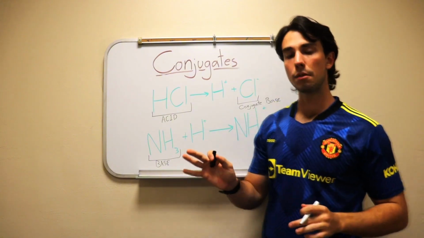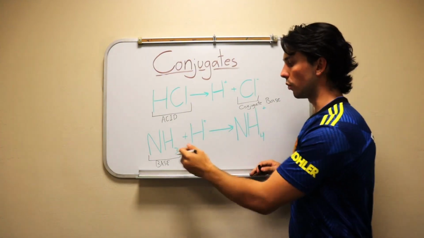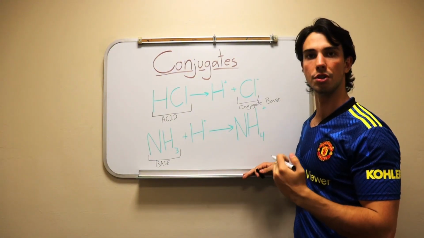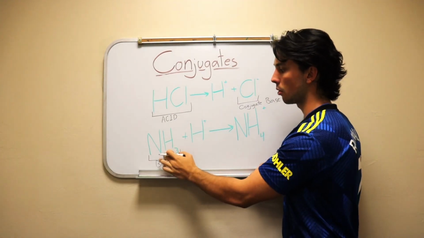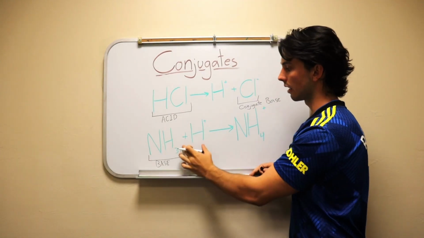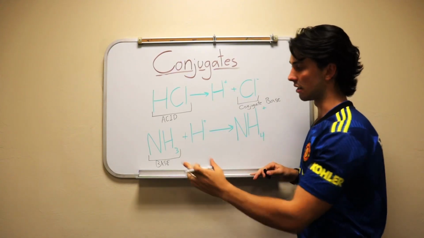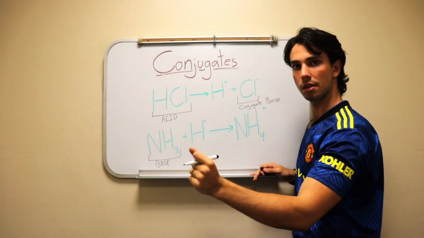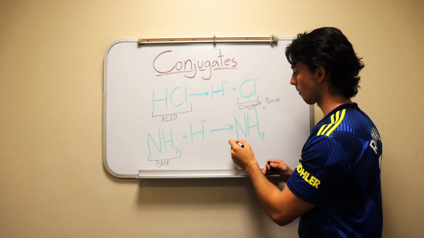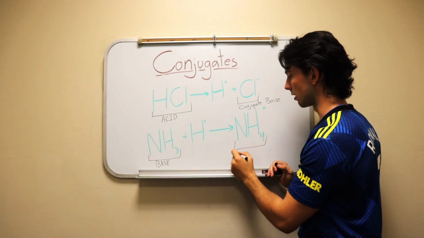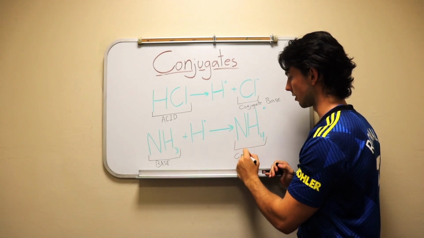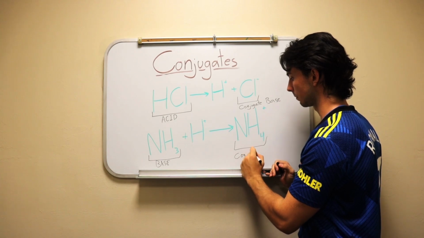Now, the same is true for bases. We know bases will accept the hydrogen proton. So if we take ammonia, for example, and we add a hydrogen ion to it, the conjugate acid is going to be this plus that hydrogen ion. So in this case, we get ammonium as our conjugate acid.